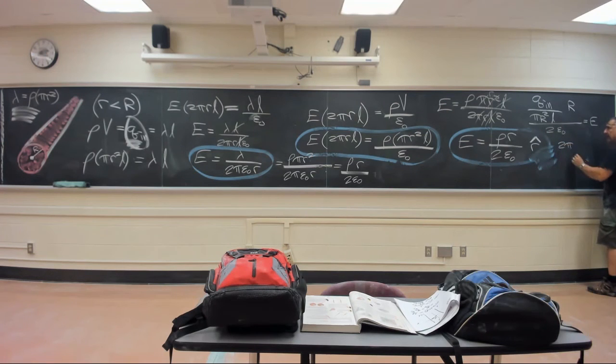It's 2 pi single R L epsilon naught. For anything under consideration there, that's R. That's what it looks like, over Q in. Well, wait a minute.